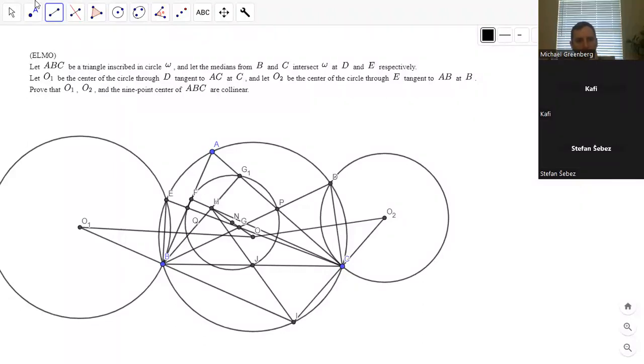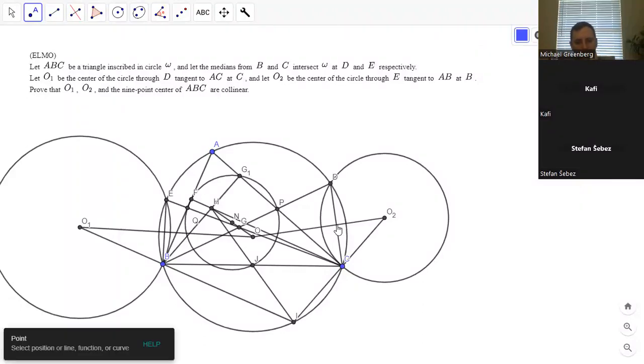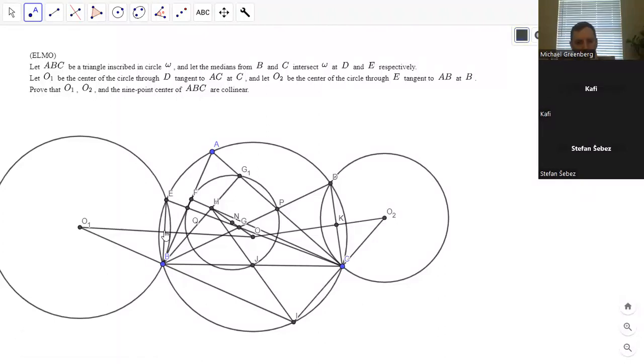So we could say PK is parallel to AB and QL is parallel to AE.